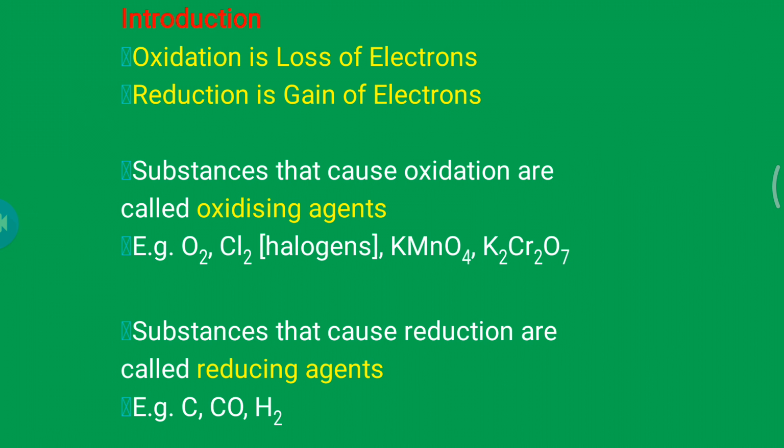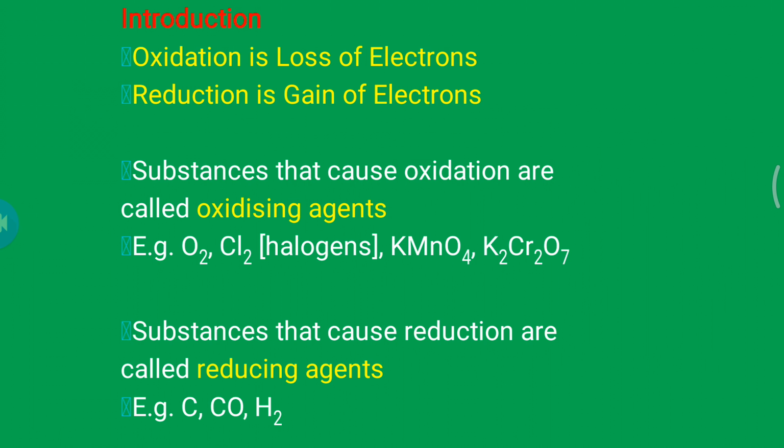So loss of electrons is oxidation and gain of electrons is reduction. Substances that cause oxidation are called oxidizing agents, such as O2, Cl2 (halogens), KMnO4, and K2Cr2O7, because these substances cause oxidation.